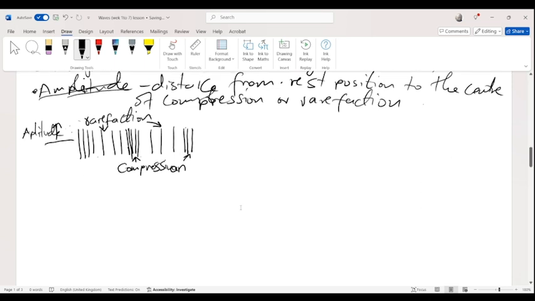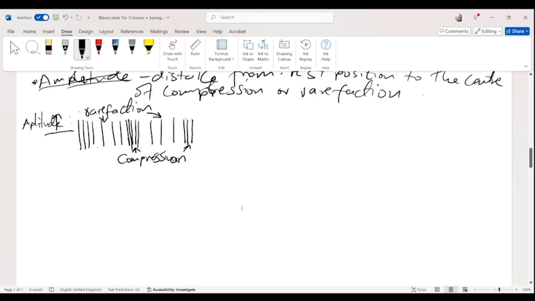This is the amplitude. Now, longitudinal waves. With longitudinal waves, particles move in the direction of the wave, because if you release a spring, all the particles are going to go in the direction of the wave.